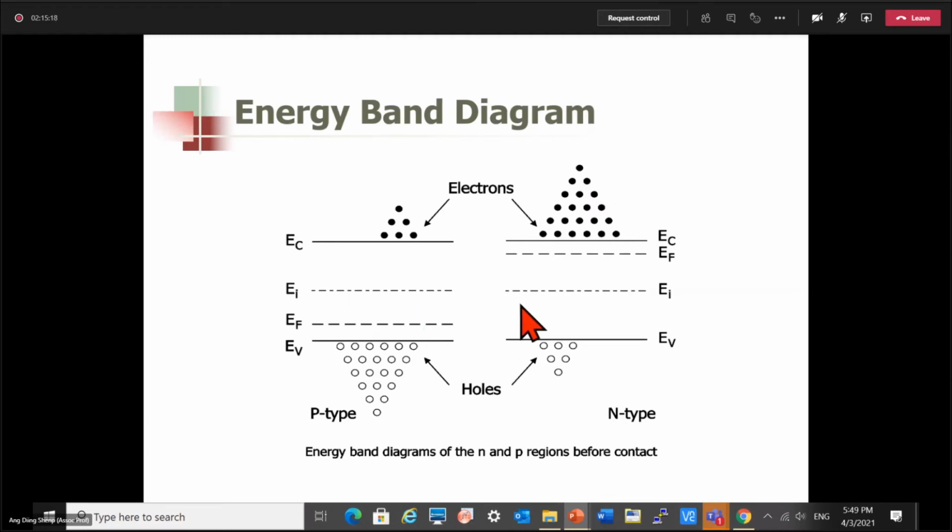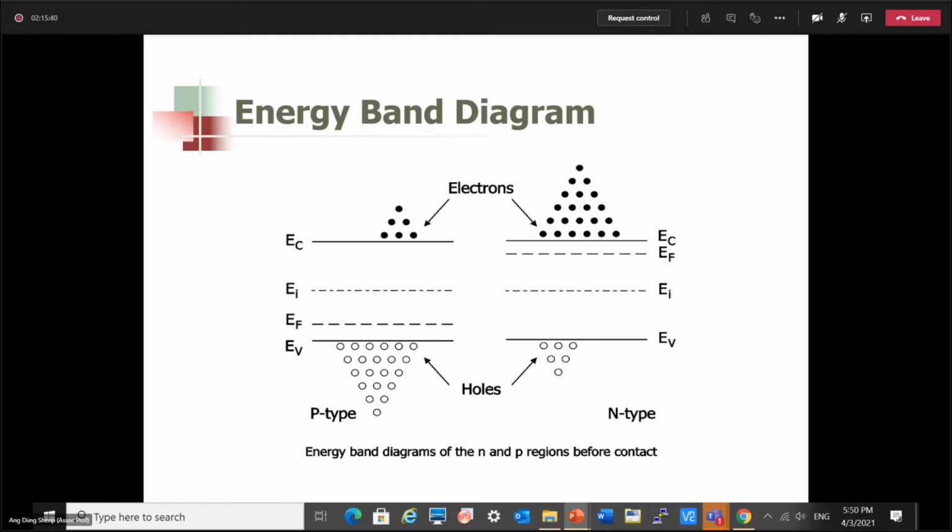By virtue of the different doping that we have introduced into the two regions. But even though they start off at different levels at first, after the PN junction is formed and thermal equilibrium is reached, the two Fermi levels must form a single horizontal line.